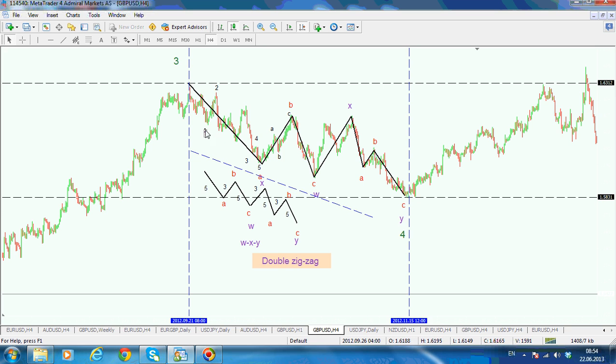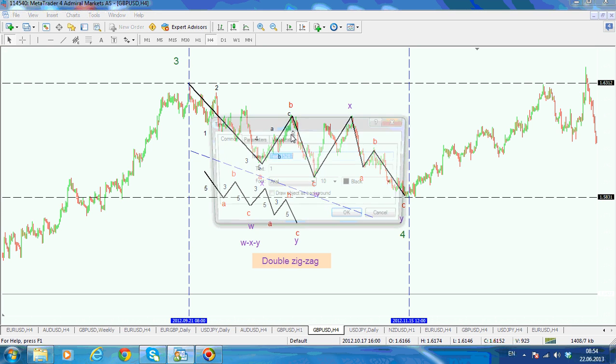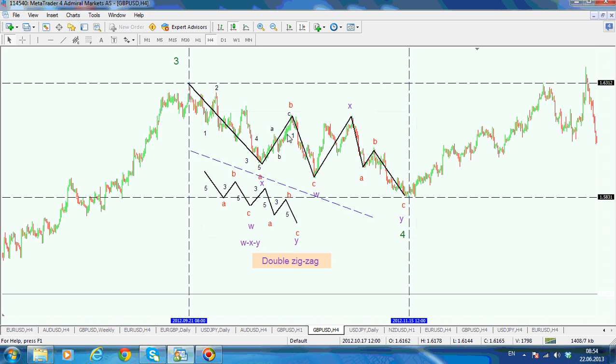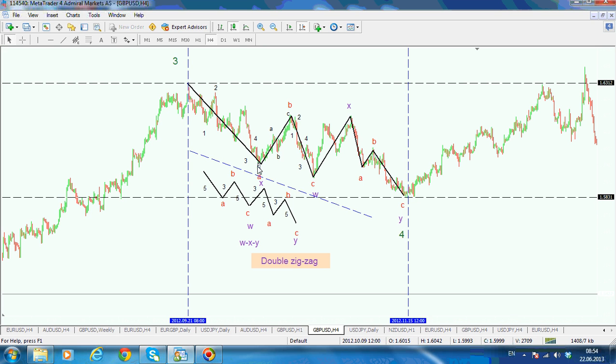A nice 5-wave structure to the downside for the C wave, for the second part of the first zigzag. So 1, 2, 3, 4, and 5 for the second impulsive move. And there you go. That makes the whole ABC being done here. 1, 2, 3, 4, 5, A, B, and C here. The first zigzag, and this zigzag is labeled W.